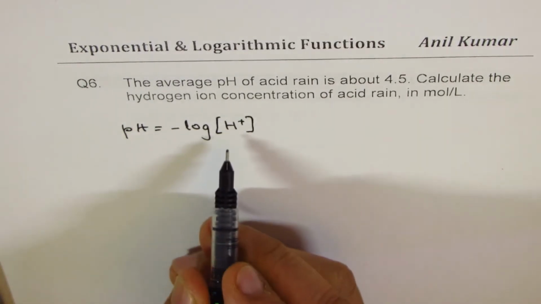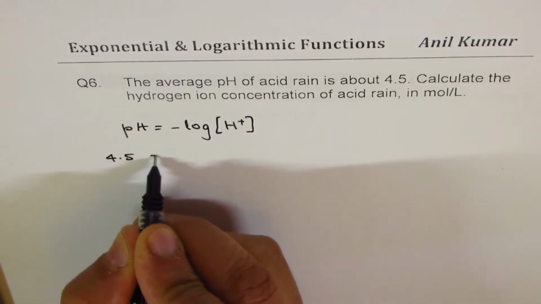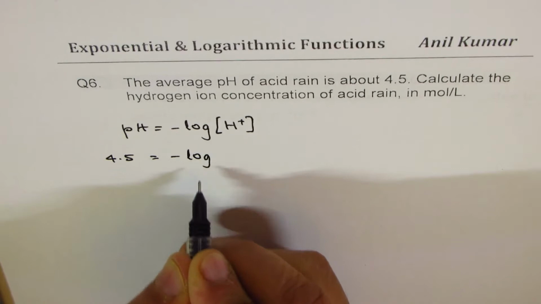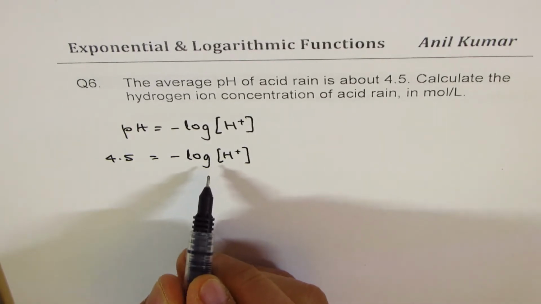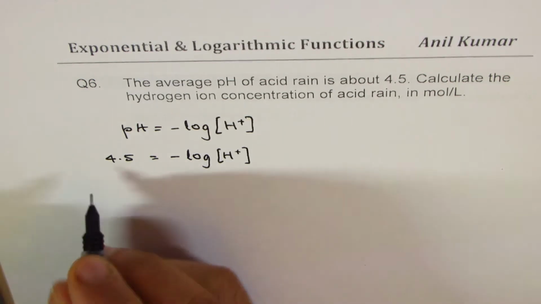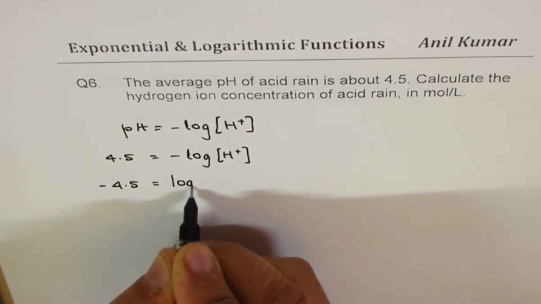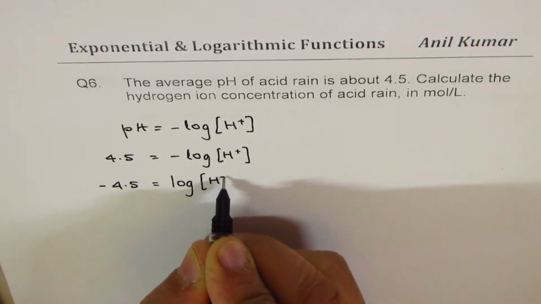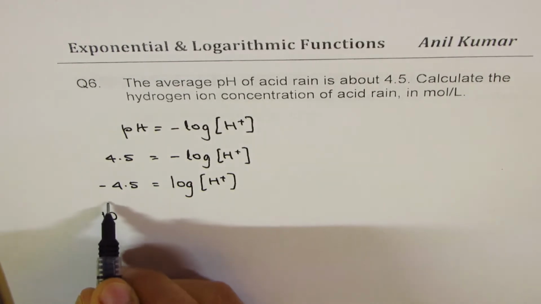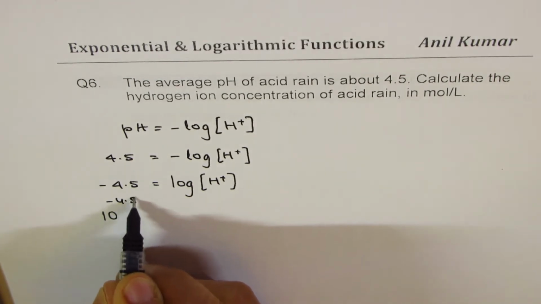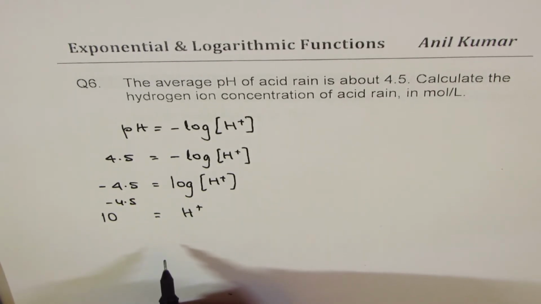So straight application of the formula, pH 4.5, let's write down here, equals minus log hydrogen ion concentration. This is base 10, right? So let's do it like this. First, minus 4.5 equals log of hydrogen ion concentration. Base is 10. Write it in exponential form. 10 to the power of minus 4.5 equals hydrogen ion concentration, right?